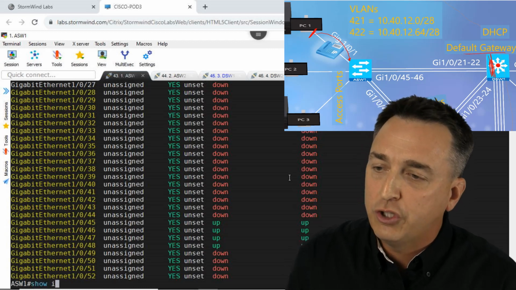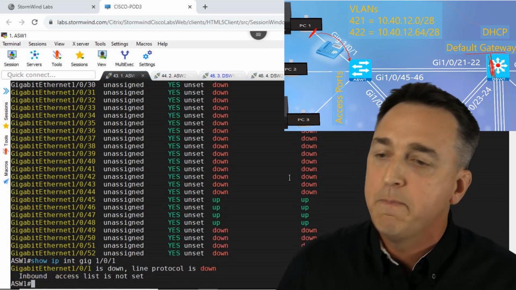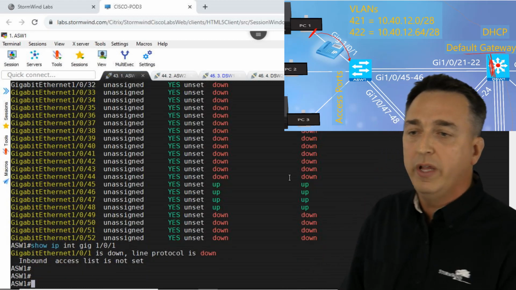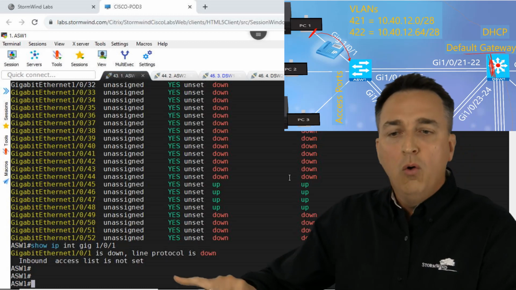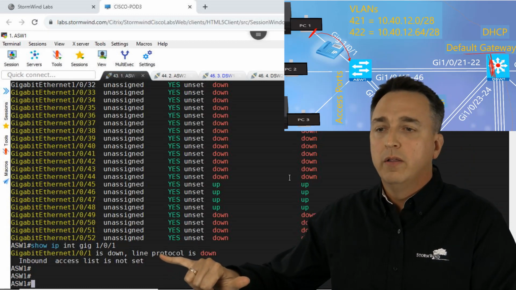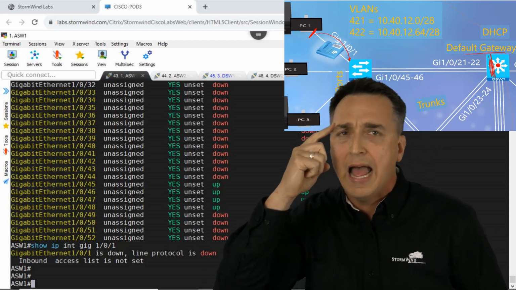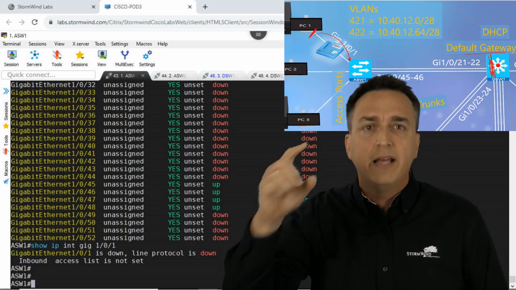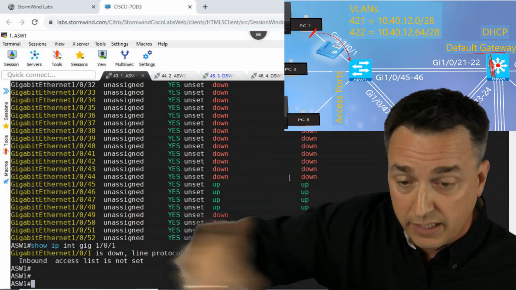So let's type in show IP interface gigabit 1/0/1. And it says that we are down. Right? Still, perfect. What else does it say? We have an access control list that is not set. So while we're here right now, let's make a mental note that it's not an ACL that's causing us a problem on this interface.